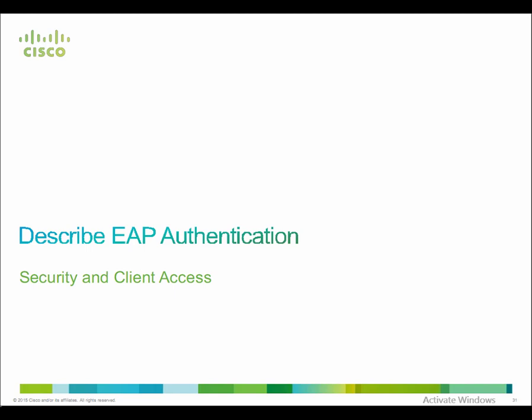We'll talk about the protected extensible authentication protocol and how that works with wireless networks. And then we'll also talk about EAP-FAST. And EAP-FAST is just another variant, of course.